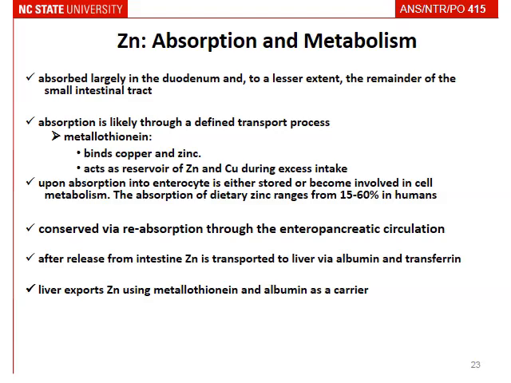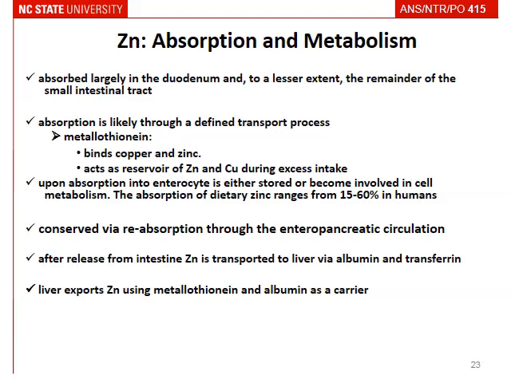And it's believed that the absorption is also similar to copper, so it's utilizing metallothionein to absorb, and this metallothionein is acting as a reservoir for both zinc and copper when we have excess intake. So because zinc is critical for all these cofactors, we don't want to just completely disregard it and have excess be excreted with our feces, that we actually have our cells absorb it and hold on to it through our metallothionein.